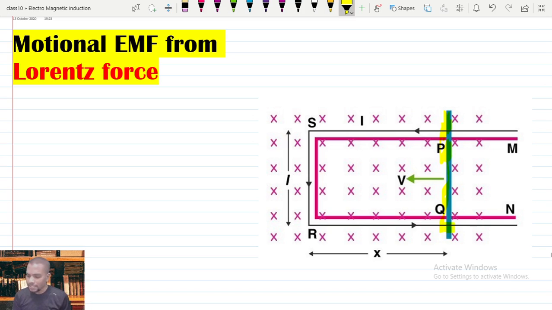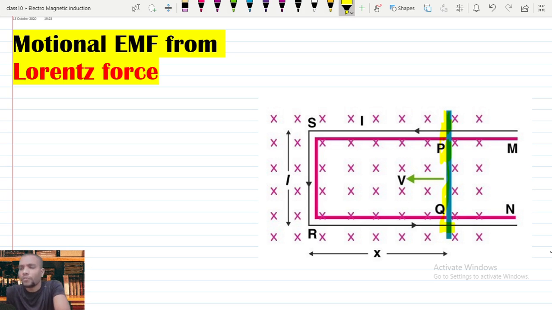Now, if the setup is kept in the uniform magnetic field B, which is going into the screen, then the arm PQ is moved. For a moment, take it that it is moving towards the left with a velocity V.